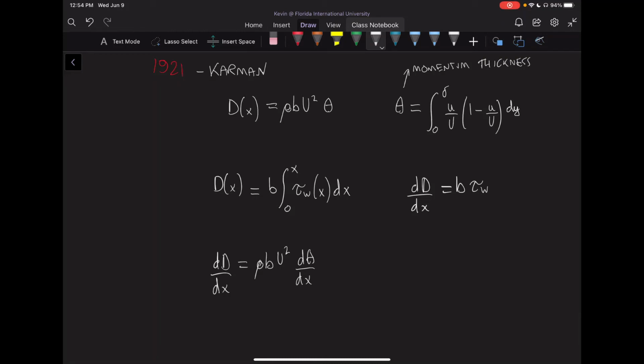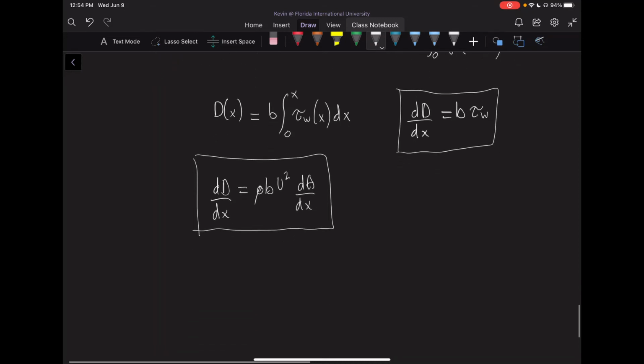And we can go one step further. Now that we have two equations with two different terms, we can equate these equations, cancel the b's, and we can say that our wall shear stress is equal to rho times U squared times d theta dx.